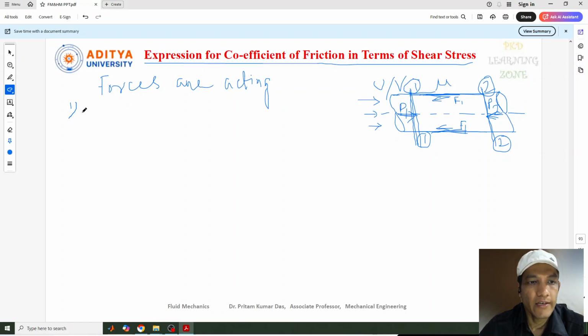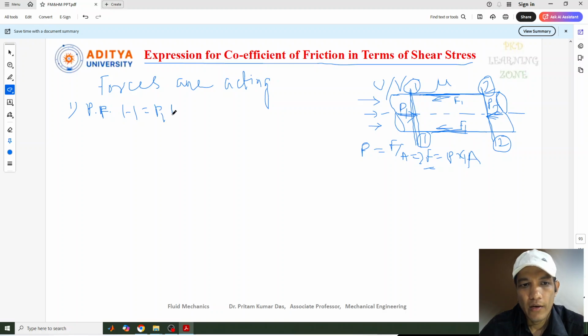So I can write the forces here. We know that pressure equals force by area, so force is pressure into area, and this is the pressure force. The pressure force at section 1 is P1 into A, and similarly the pressure force at section 2 is P2 into A, intensity of pressure into area.